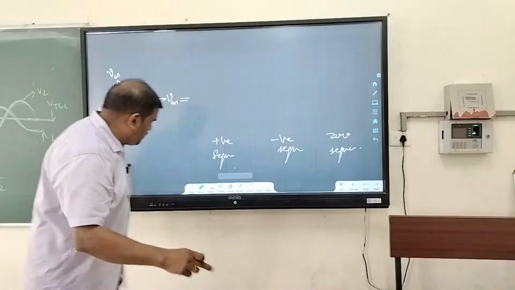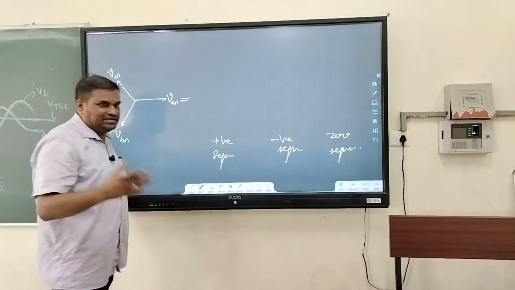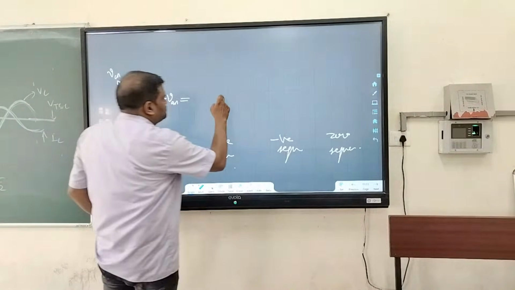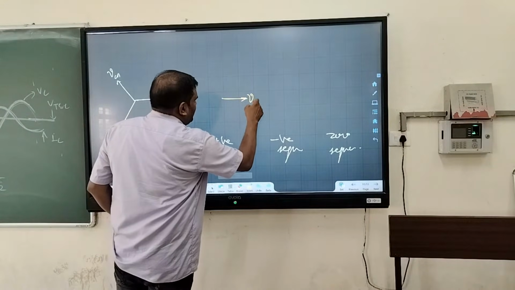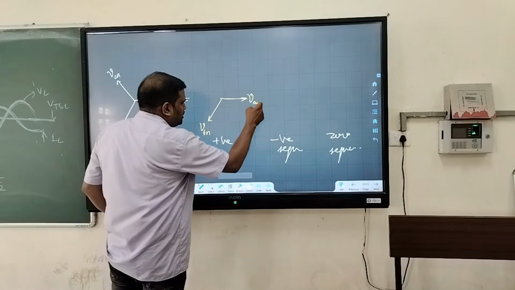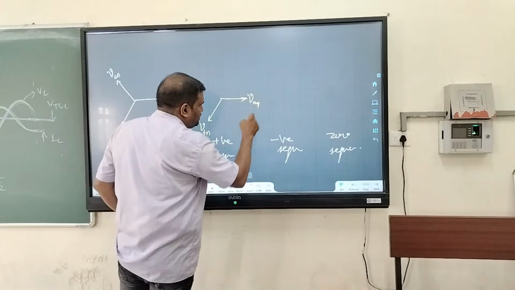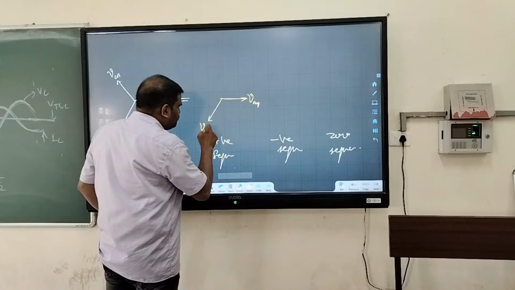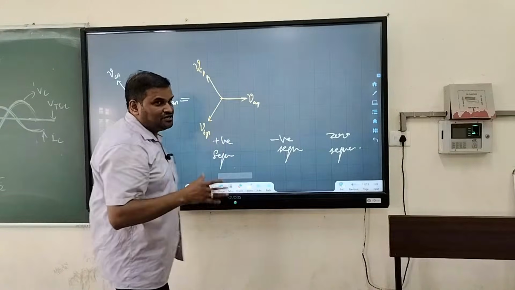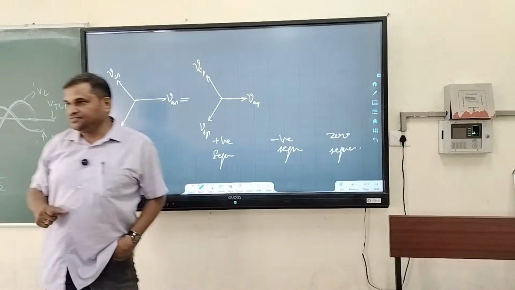Correct? The positive sequence, you can resemble it like, okay, this is a God side. So positive sequence is VA1, VB1, VC1. These are the positive sequence voltages.